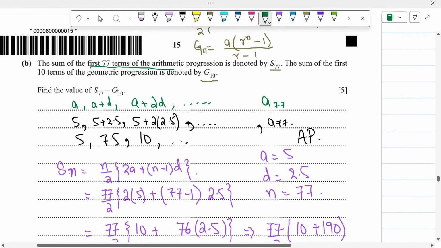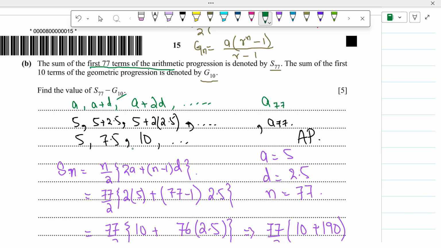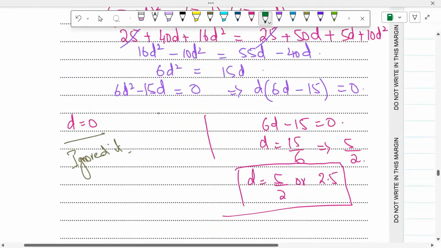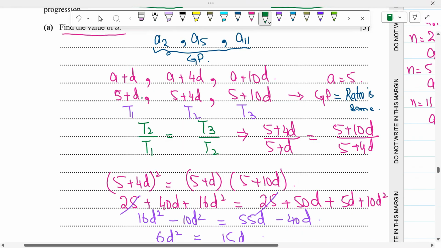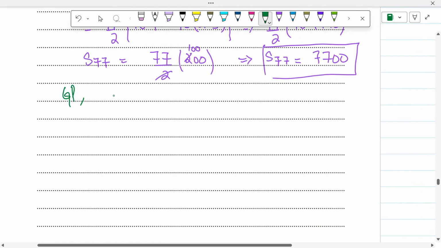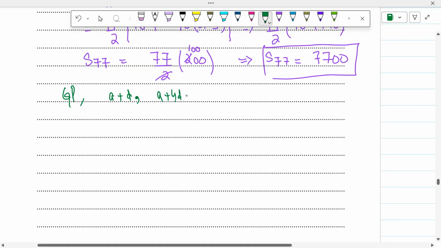Now we need to find G10. G10 is the sum of the geometric progression up to 10 terms. And we know that the geometric progression we just calculated has terms a plus d, a plus 4d, and a plus 10d.